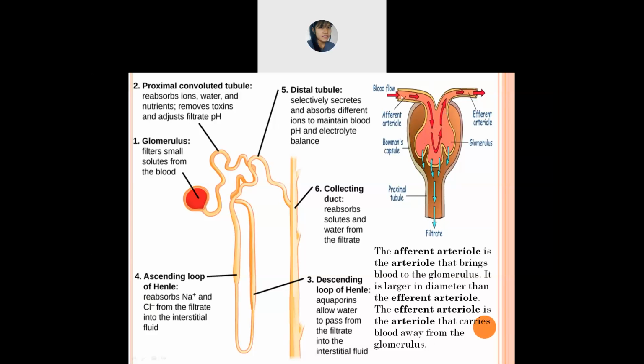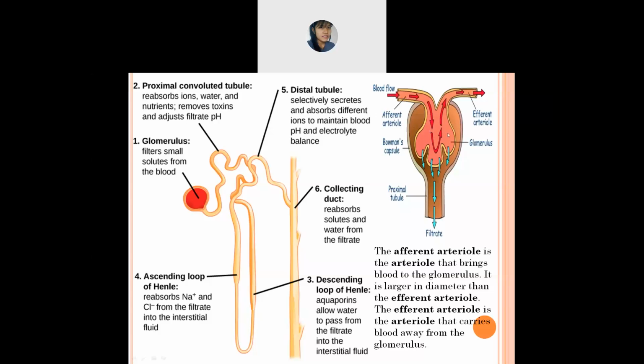Why? Because all the impure blood will flow into the afferent arteriole. Afferent means coming in, so the impure blood will come inside.